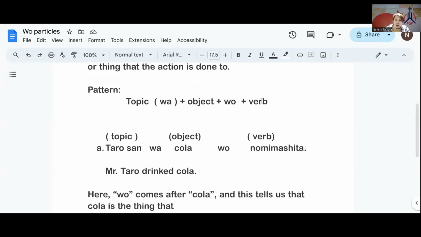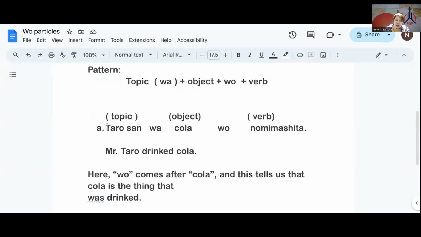As our pattern said, you have your topic, which is Taro-san. Why did I say Taro-san is our topic? Because of the particle wa. And then we have your object, the cola, plus particle o, and then your verb nomimashita.